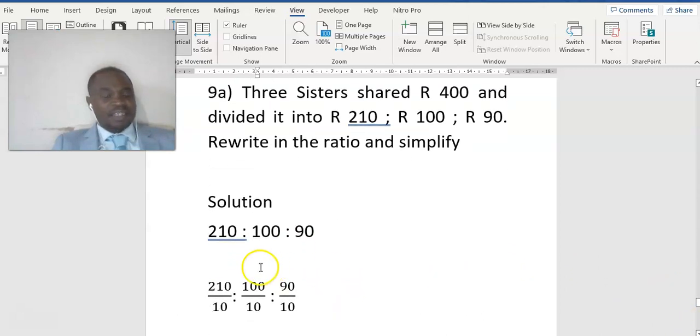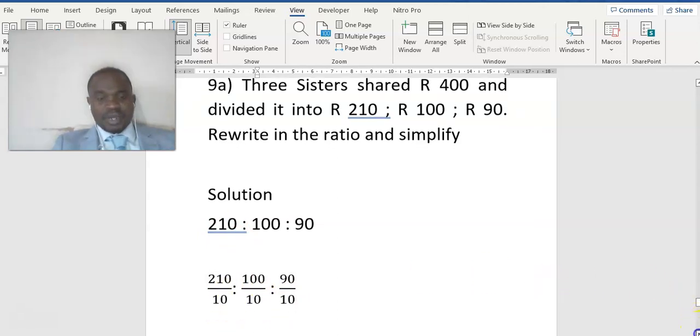So you divide it by a number that can divide it without a remainder. So I use 10. 10 can divide this, can also divide that, and can divide this without a remainder.